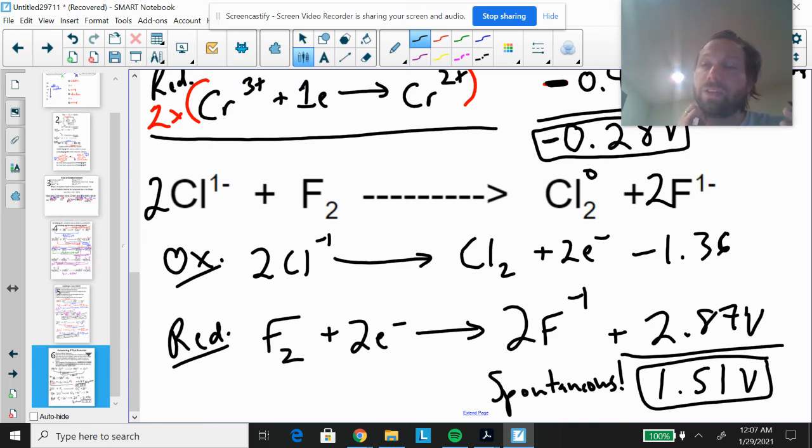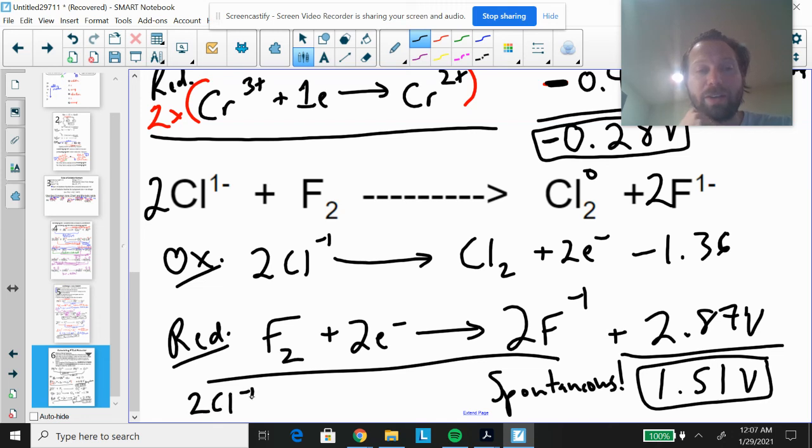And this is how we solve for the cell potential. Obviously, with these, we can also ask, what is the cell potential? But also, we could ask for the balanced redox reaction. And in this case, we would be able to do that. Just write out 2Cl minus plus F2.